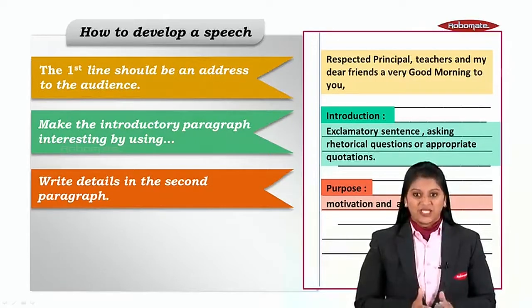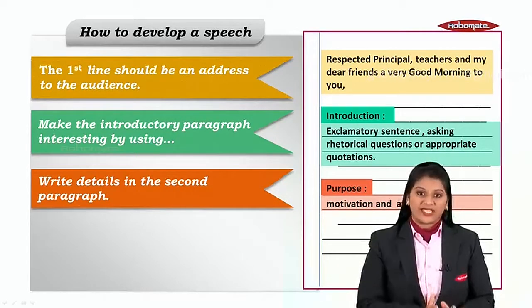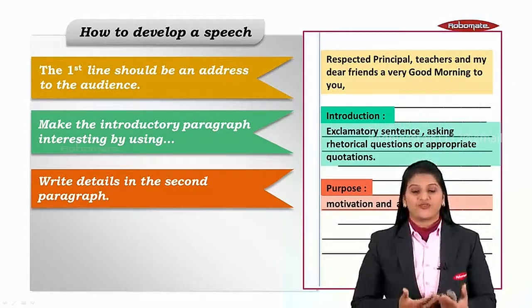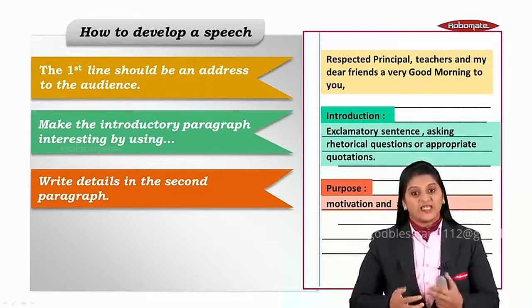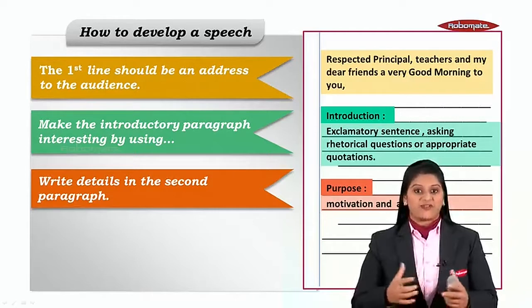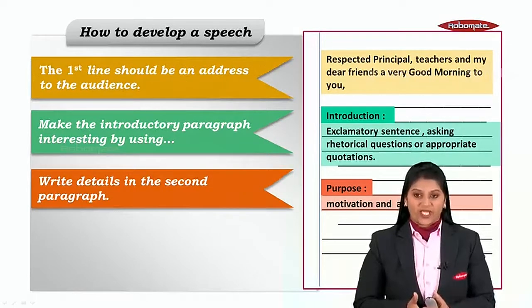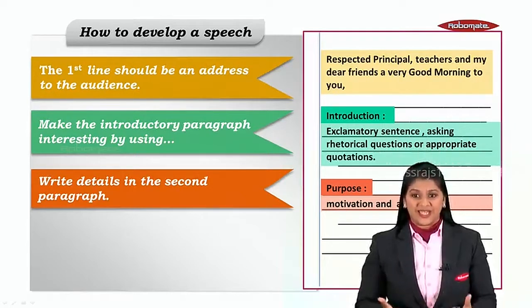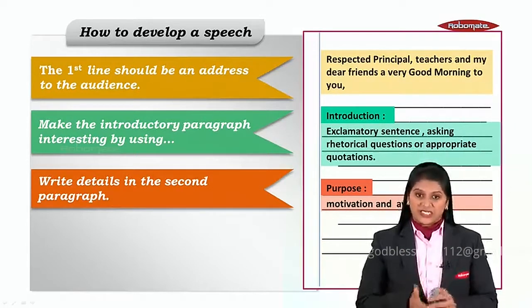Okay, that means in order to develop your second paragraph, you are going to try to use sentences that are going to motivate the audience or they're going to spread awareness about something. Okay, so that was your second paragraph. You're supposed to write about 8 to 10 lines of such details.